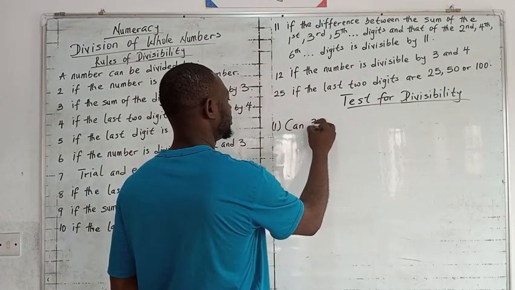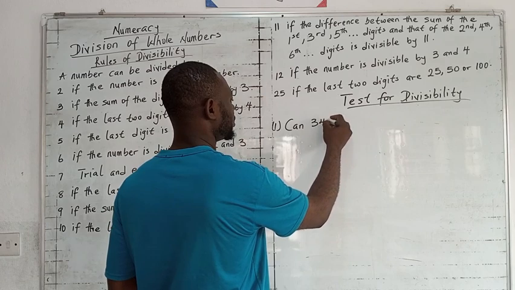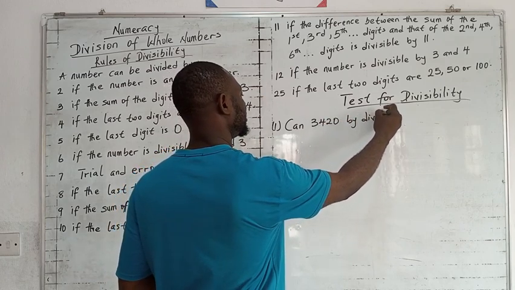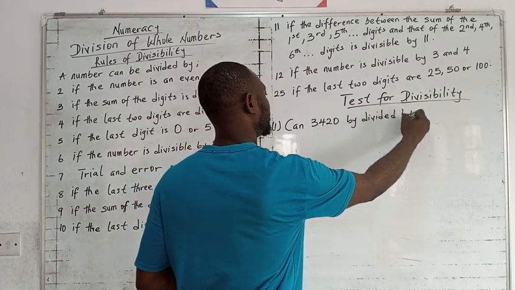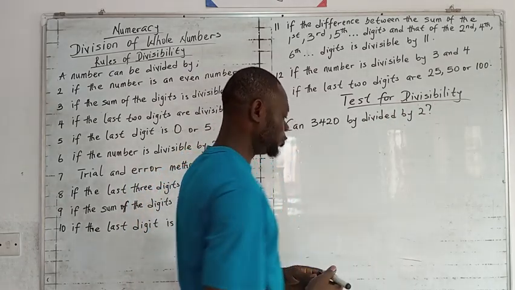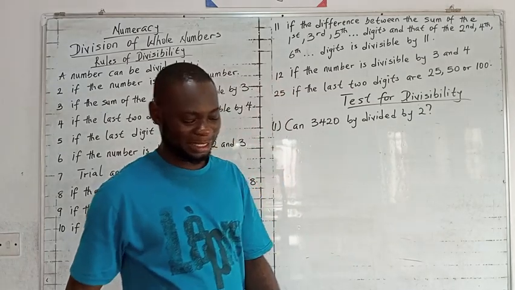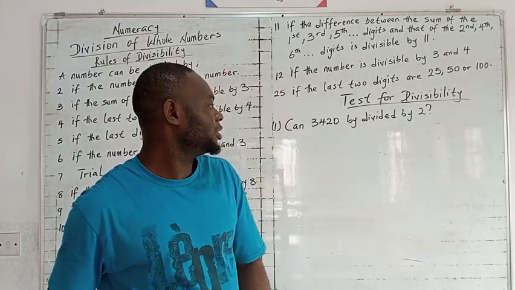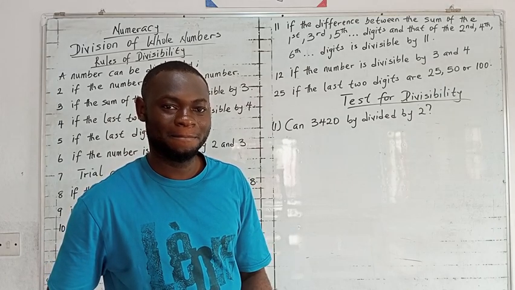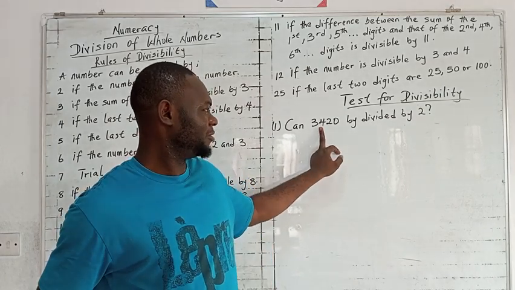Okay, let's say number 1. Can 3,420 be divided by 2? Can it be divided by 2? What do you think? Can 3,420 be divided by 2? Ask yourself.